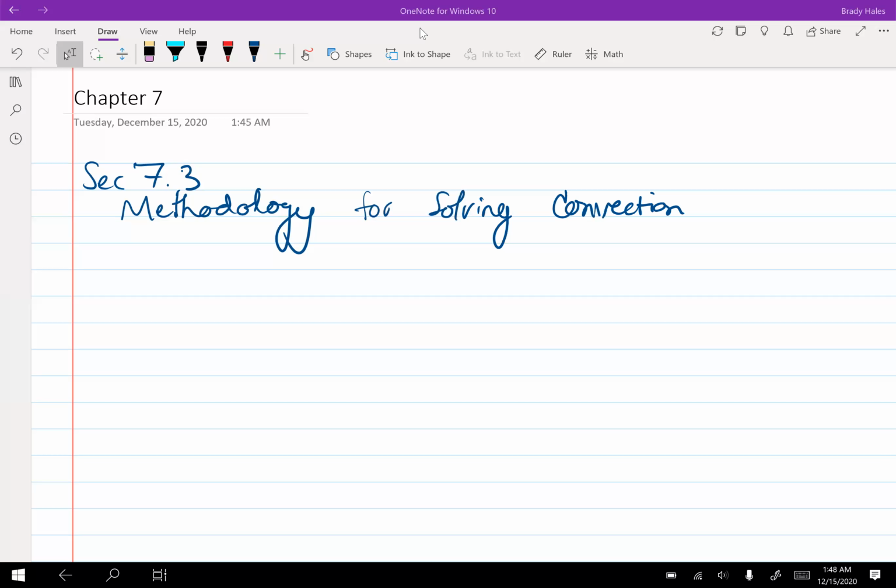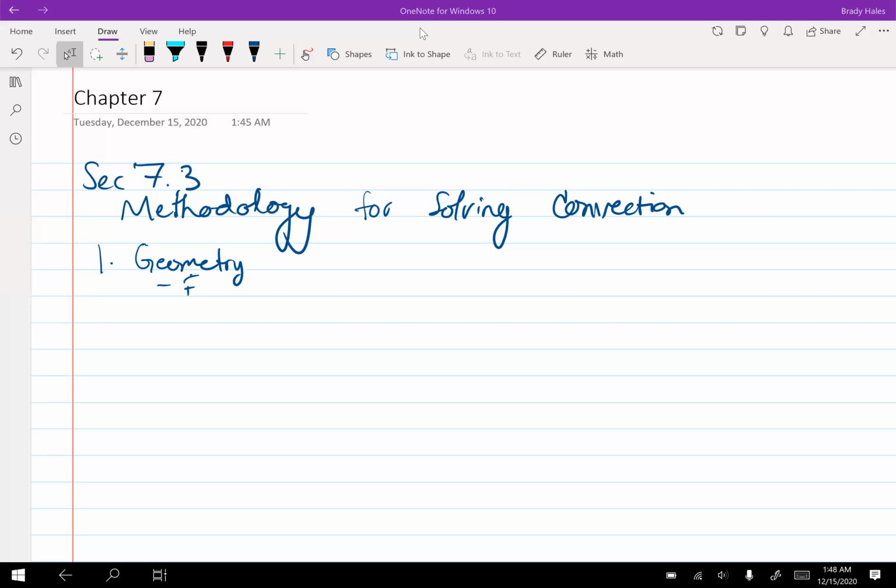I think the most important thing you could do is focus on this section in studying for not only chapter 7, but for all of the convection chapters. So if I flip to methodology for convection calculation, we have one, recognize the geometry, right?